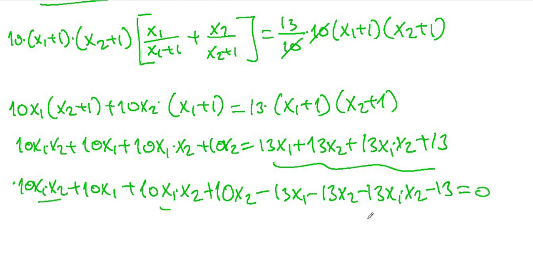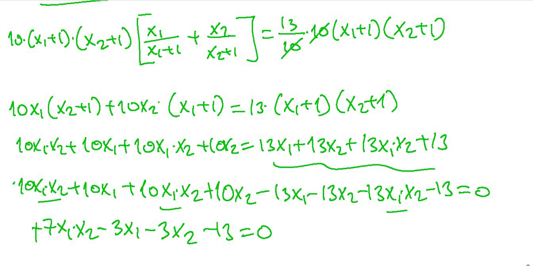We see that 20 x1 x2 minus 13 x1 x2 give us minus 7 x1 x2, and 10 x1 minus 13 x1 give us minus 3 x1, and 10 x2 minus 13 x2 give us minus 3 x2, and minus 13 is equal to 0.